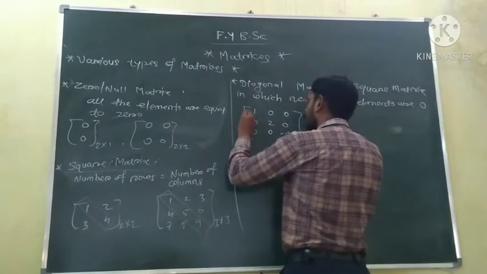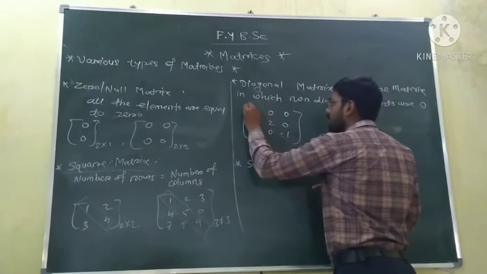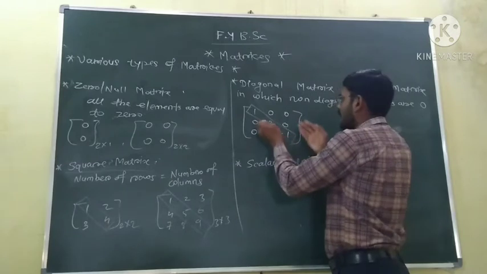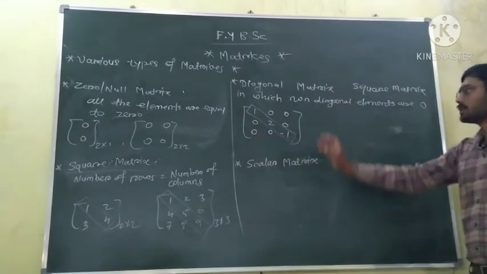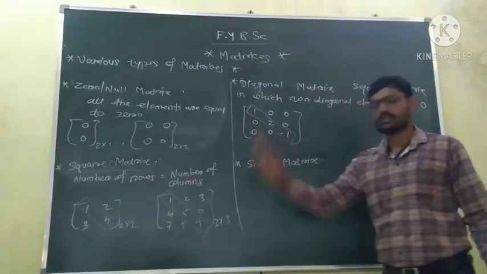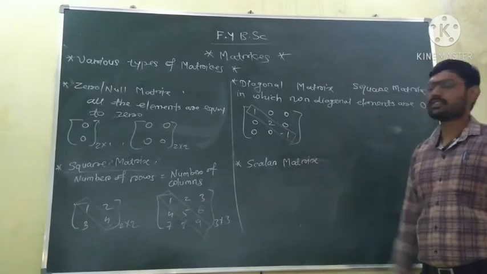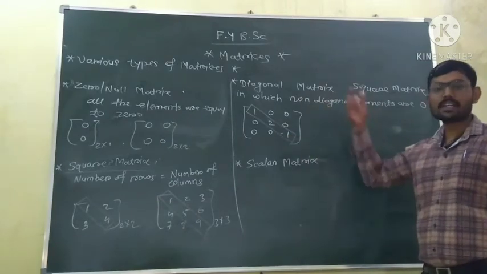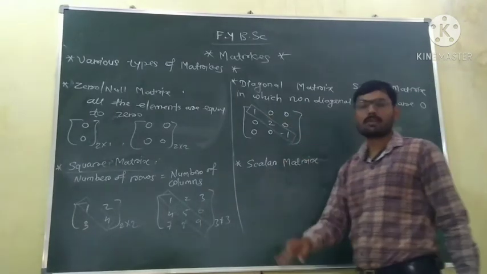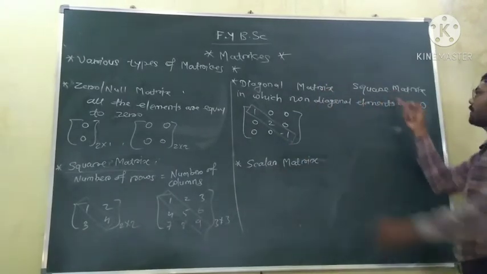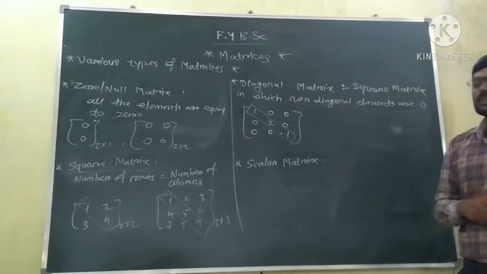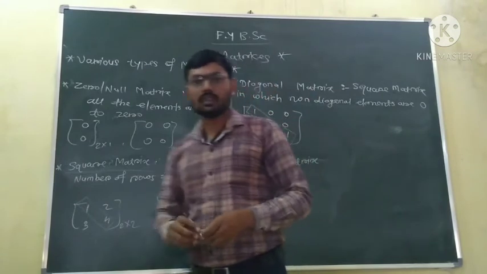Here only diagonal elements are non-zero, and all other elements are 0. This is an example of a diagonal matrix. But a diagonal matrix must be square because diagonal exists only in case of square matrices. So in the definition we have written: a square matrix in which all non-diagonal elements are 0. Such matrices are called diagonal matrices.